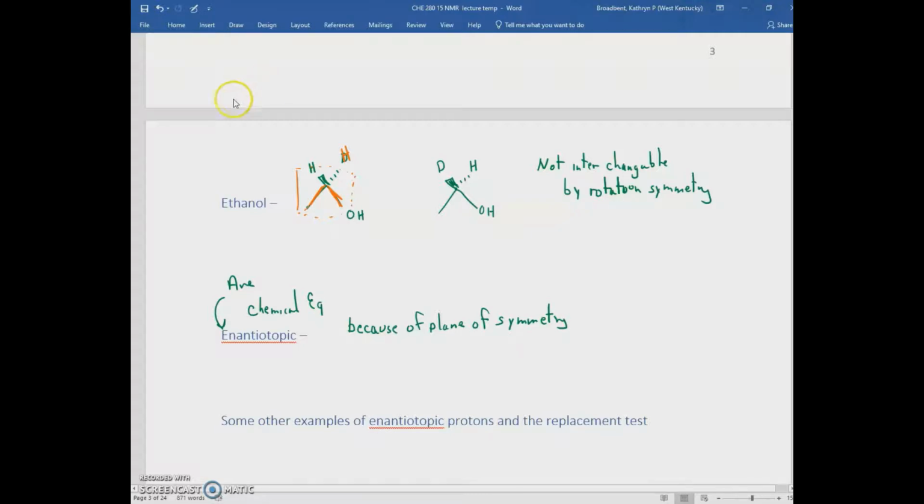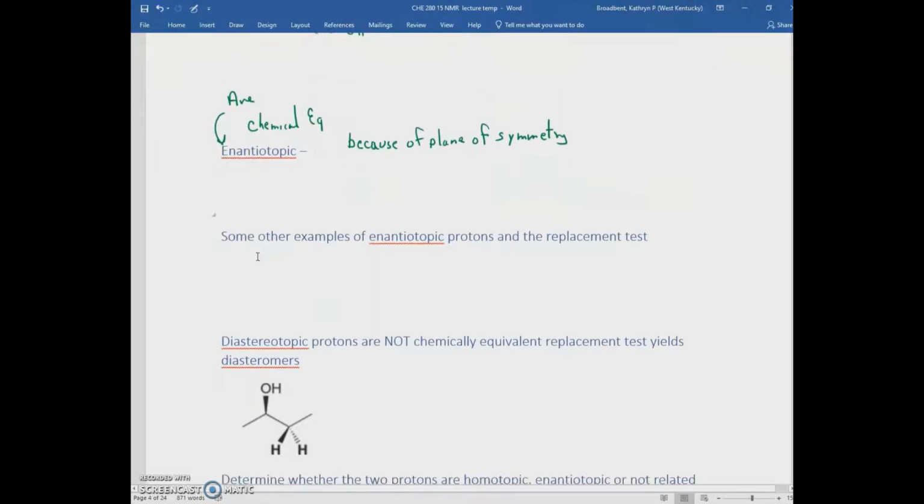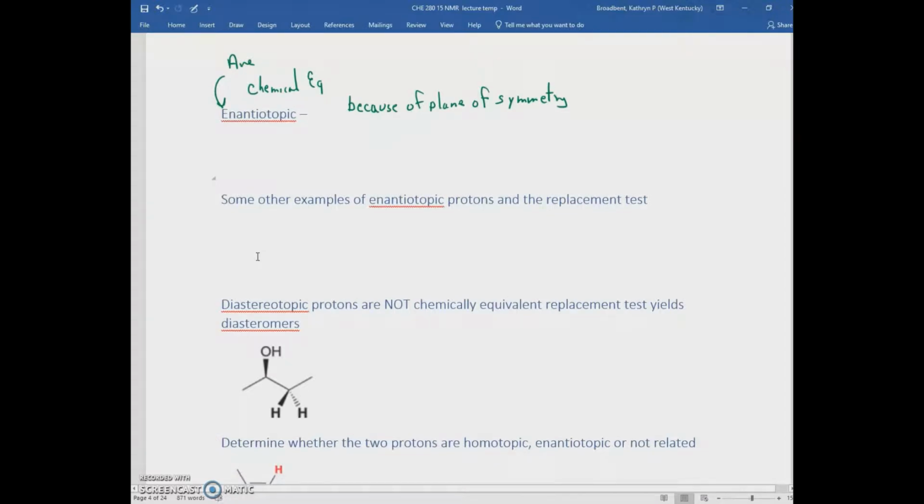Let's look at some other examples. We look at chlorine or fluorine, and then we've got two hydrogens. These are going to be enantiotopic of each other if we do the replacement test.